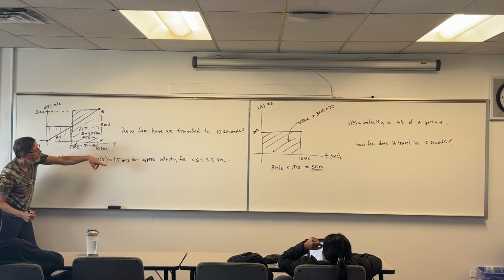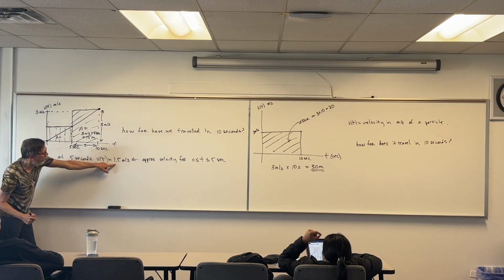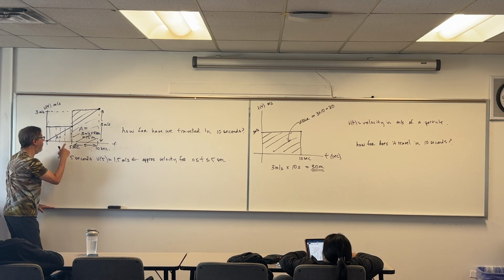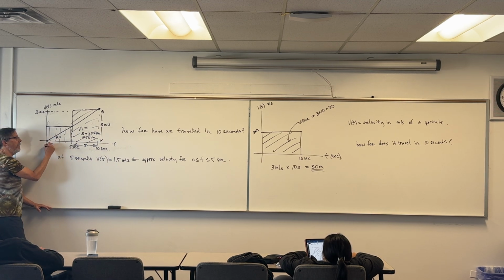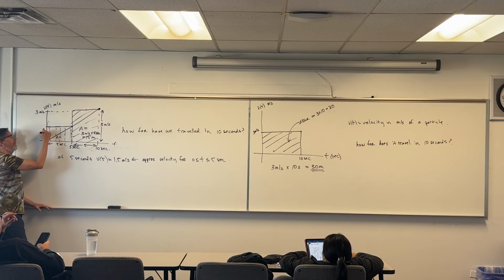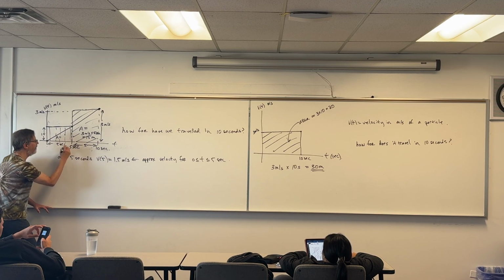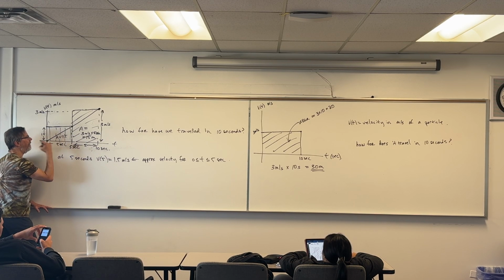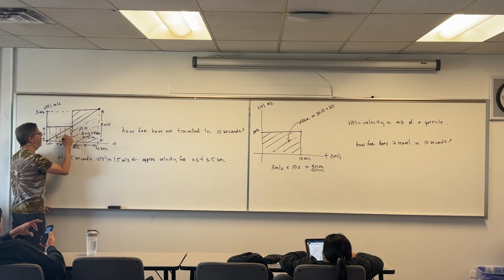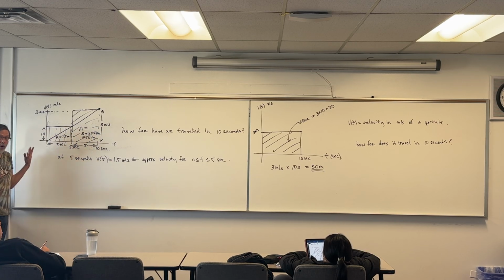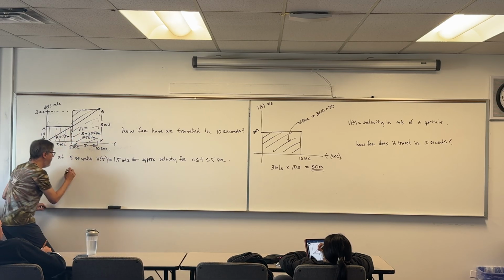What is the area of this guy? 5 seconds, we're using 1.5 as the height. 7.5? Yeah, so this guy right here is 7.5 meters. So the total trip is approximately this estimate plus this estimate.